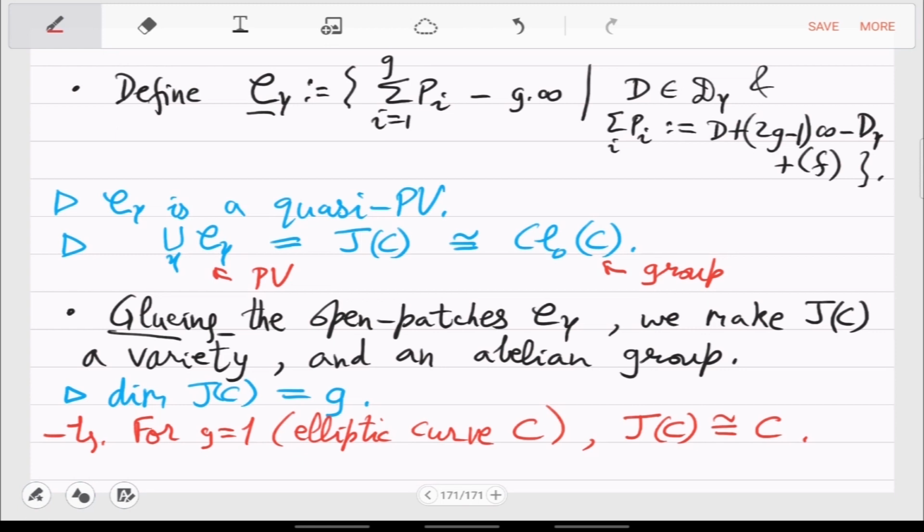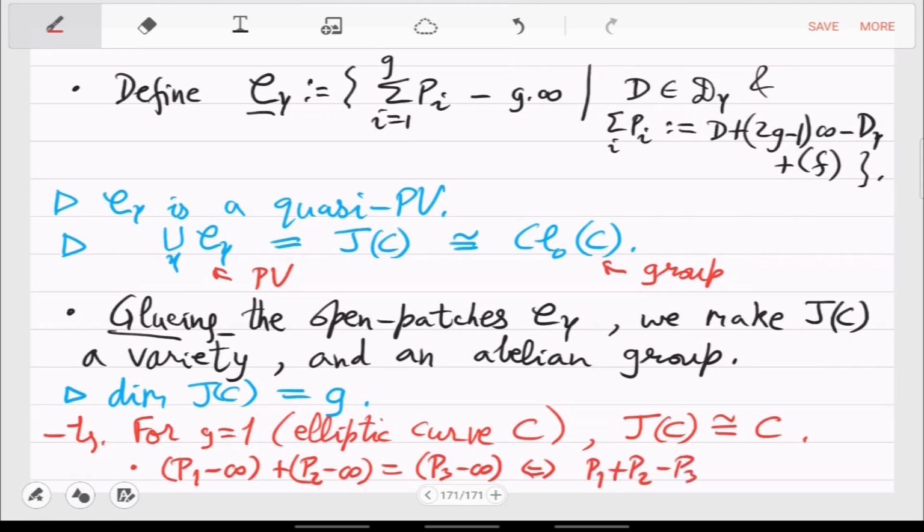So how do you add points here? P1 minus infinity plus P2 minus infinity, you want to get to P3 minus infinity, right? Which means that you want P1 plus P2 minus P3 minus infinity to be a rational function.